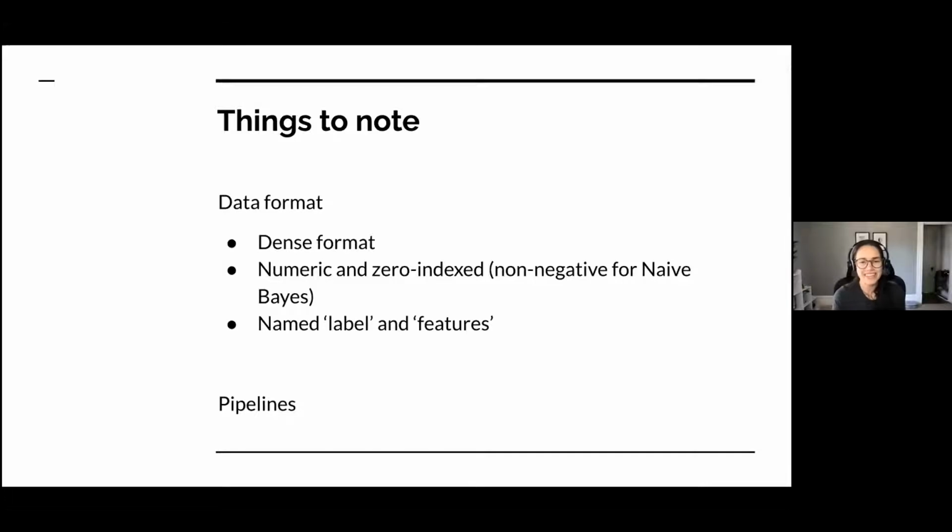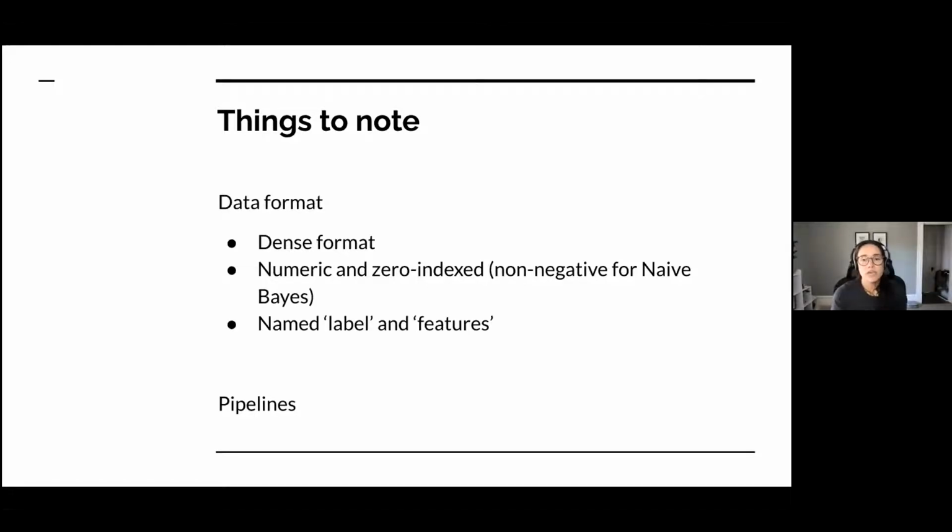So any text data needs to be tokenized, vectorized, so that it is in numeric format, and it has to be 0 indexed. So your label, for example, can't be 1 and 2 if you're working with heart disease, which is the data set that we're going to look at later. It has to be 0 and 1.